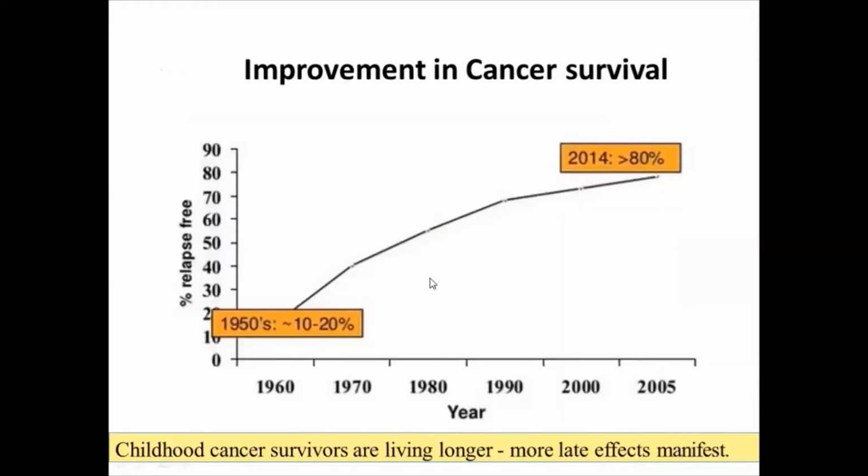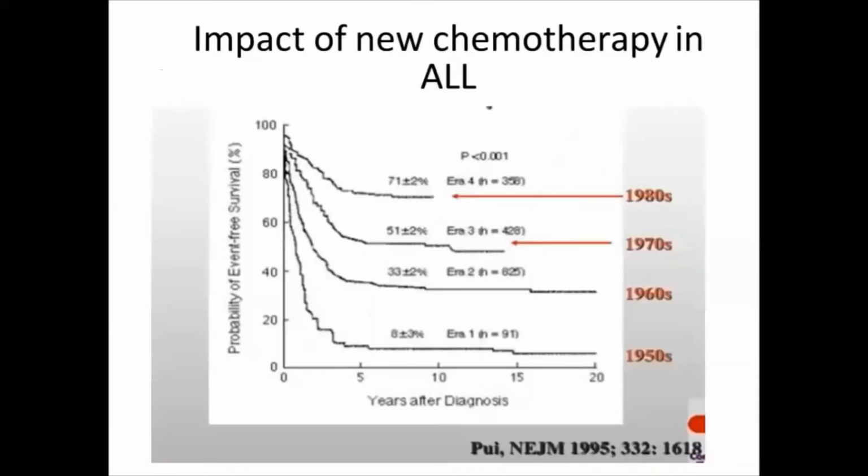As we move from the 1950s towards 2014, we see how there has been improvement in cancer survival from 10 to 20% in the 1950s to more than 80% in 2014. Thereby, childhood cancer survivors are living longer and more late effects manifest.